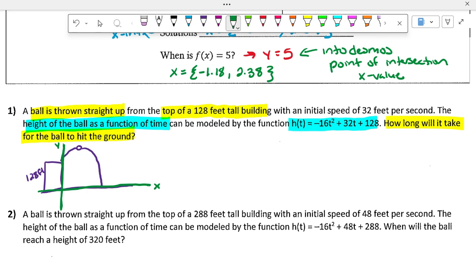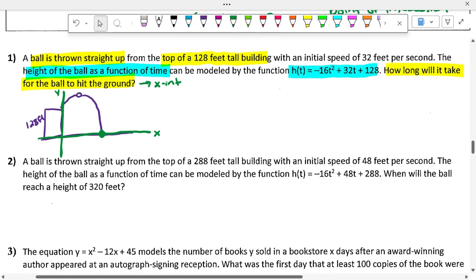Look at the picture. The ball hits the ground where? On the x-intercept. So we're looking for the x-intercept. Now, we know quadratics typically have more than one x-intercept. They possibly have two. Which one do you think I would use?